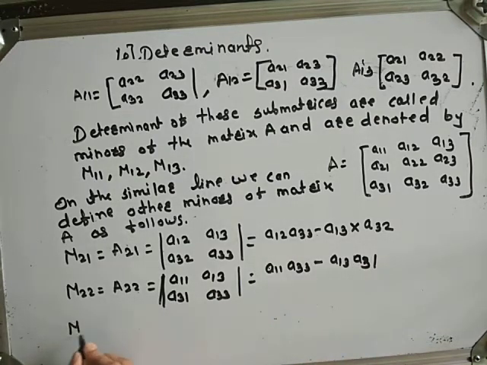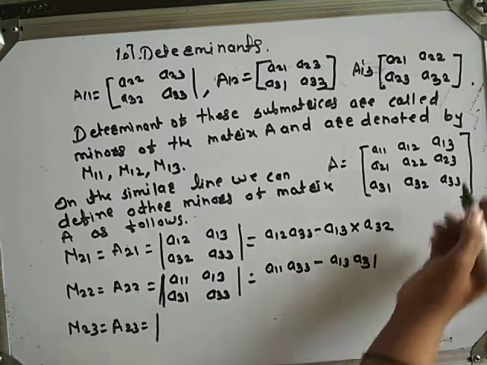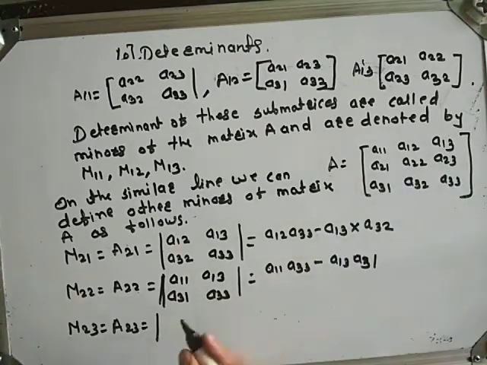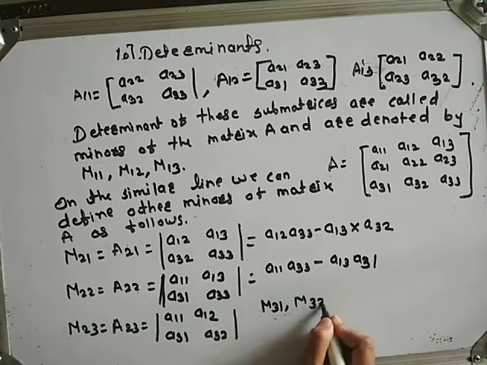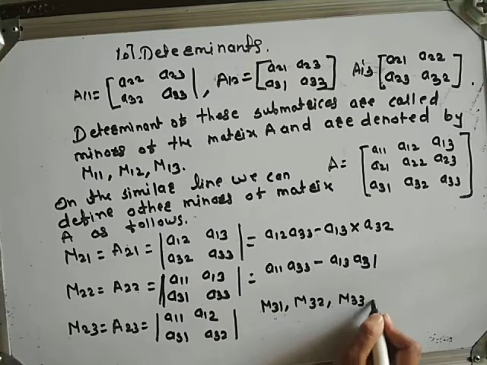Next, M23 is equal to the determinant of A23: delete the second row and third column. So the determinant of A11, A12, A31, A32. Similarly, we can calculate M31, M32, M33.